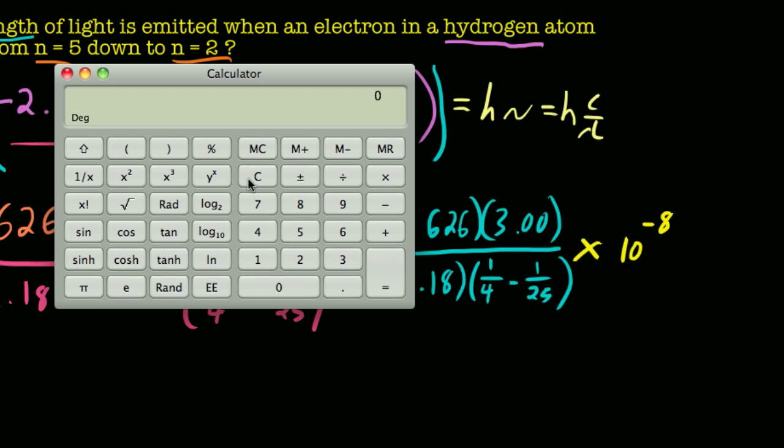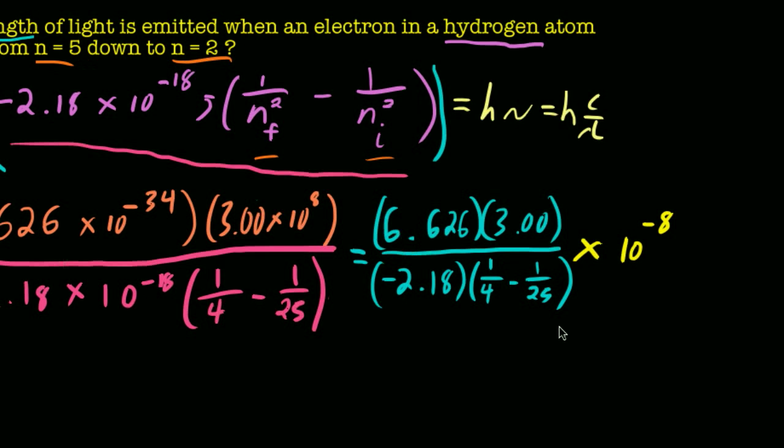So I'm going to say 0.25 minus, I'll do my parentheses, 1 divided by 25, close parentheses, 0.21. Okay. So this whole part is going to be 0.21.